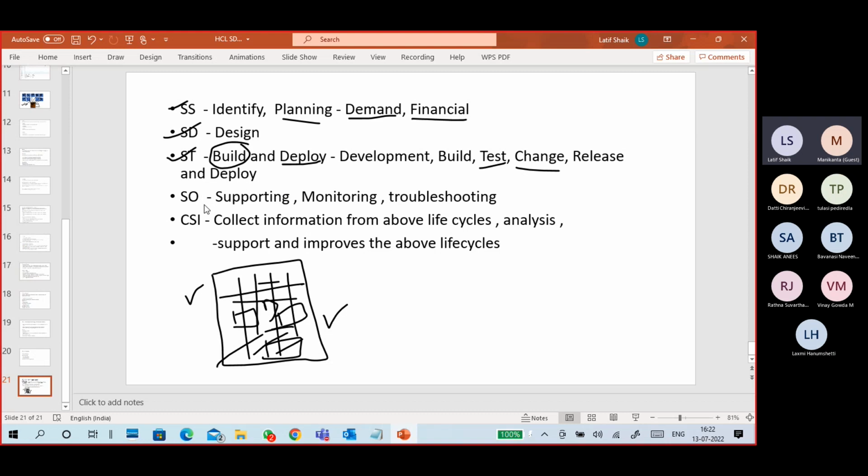Service operations. What is a service operation? You have an apartment, so there are a lot of issues. Water issues, or maybe electrical issues, maybe solar power issues, or maybe parking issues. I'm telling you my apartment issues. So we have to support those related issues.